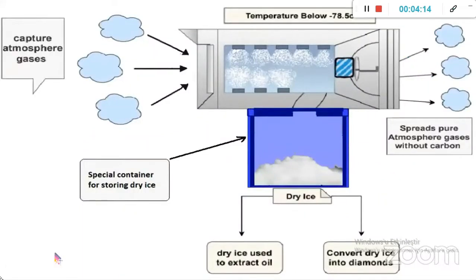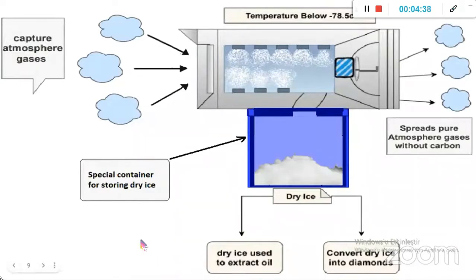The device captures the gas from the atmosphere and freezes it inside the device at -79°C. When frozen, carbon dioxide turns into dry ice and separates from the atmosphere. Dry ice is collected in a special container below. On the other hand, the carbon-free atmosphere is released into the air.